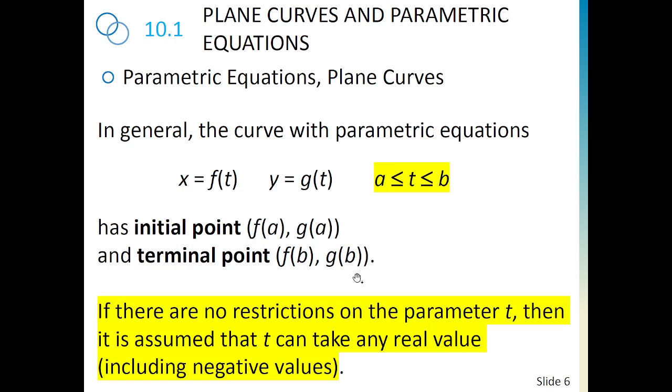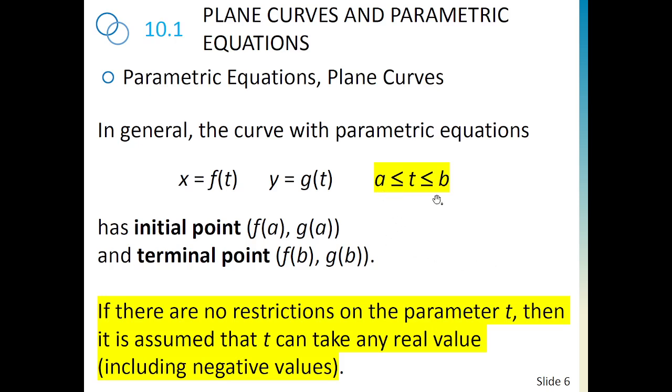Or we can have a situation when there are no restrictions on parameter t. In that case, t can take any real value, so positive, negative, 0, it's fine. And in that case we can have, again depending on the situation, some curve that is infinitely long, or some curve like a circle, for instance, that has a specific length.